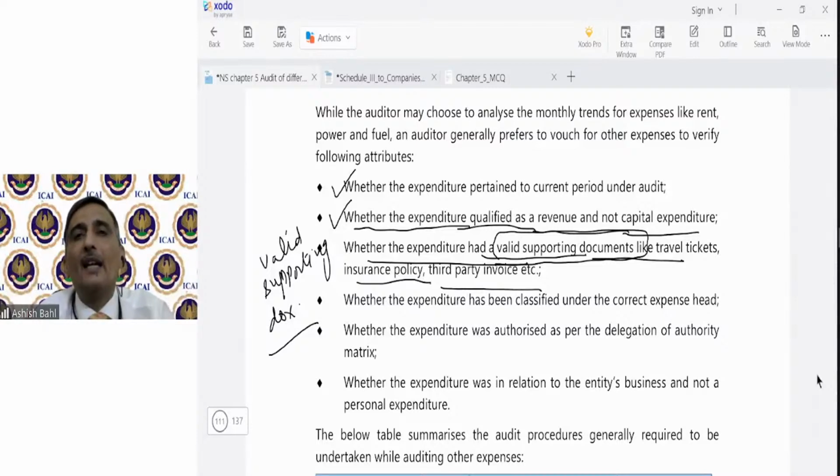Remember it in your mind. एग्जाम में याद नहीं रहेगा जब तक आप याद करके नहीं रखोगे. Okay, so remember valid supporting documents. It is an important keyword. Okay, so it gives a sense of answering the questions in a proper and technical way.